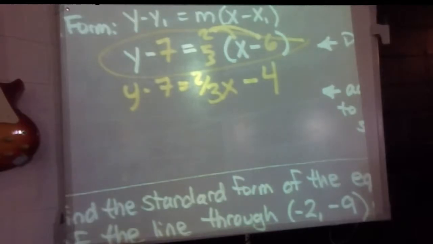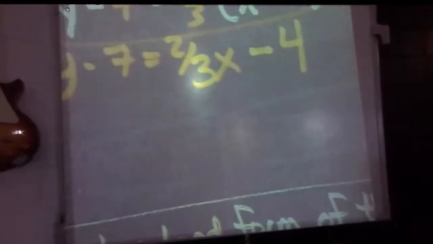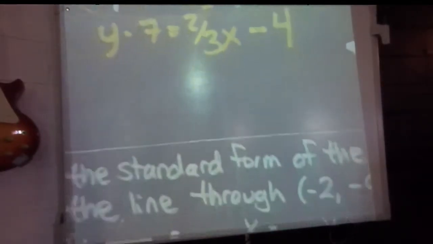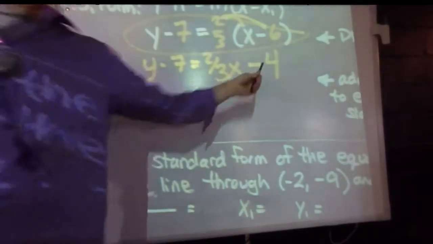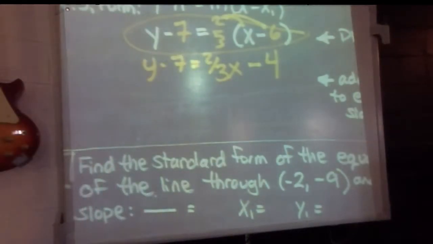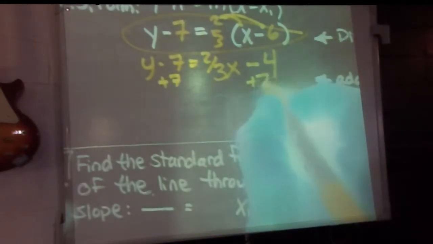Be really careful with your signs, it will make a huge difference. The other part of finishing this is adding 7 on both sides, and you're done. So distribute first, add the y1 second.